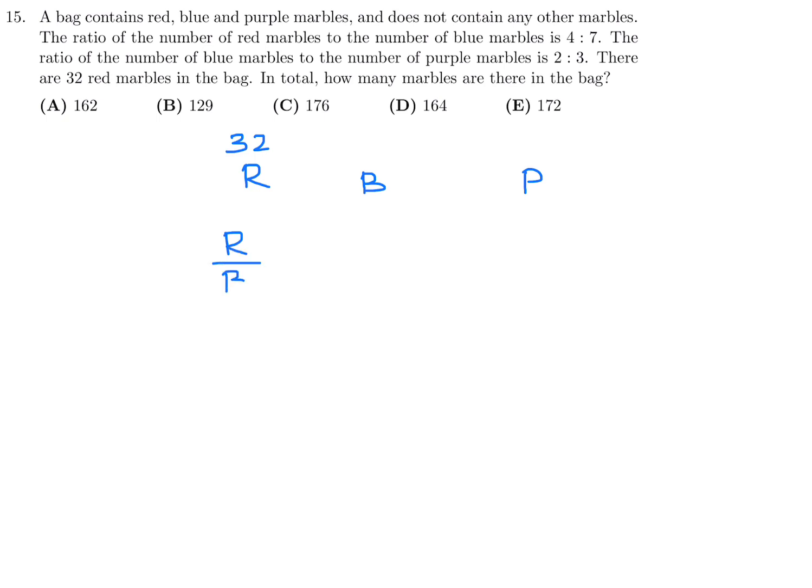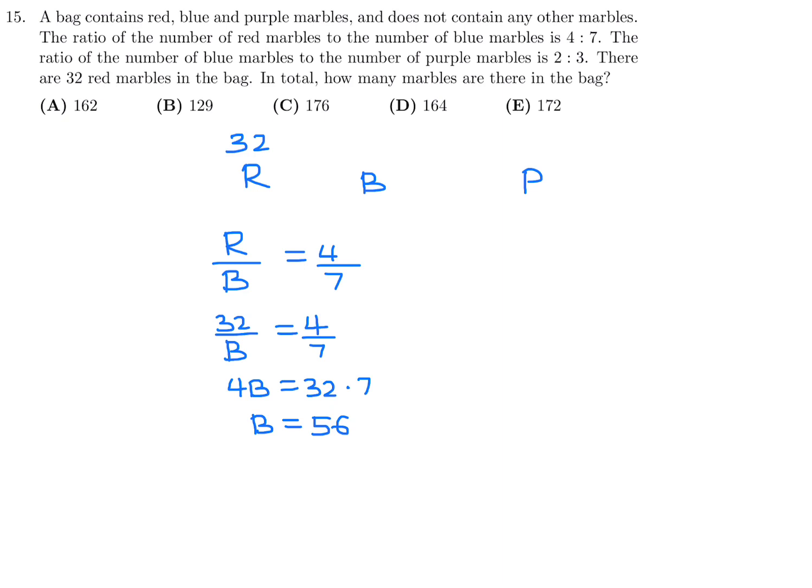R over B is 4 over 7. So I can quickly calculate B. 32 over B is equal to 4 over 7. So 4B is equal to 32 times 7. B is equal to 8 times 7, which is 56.